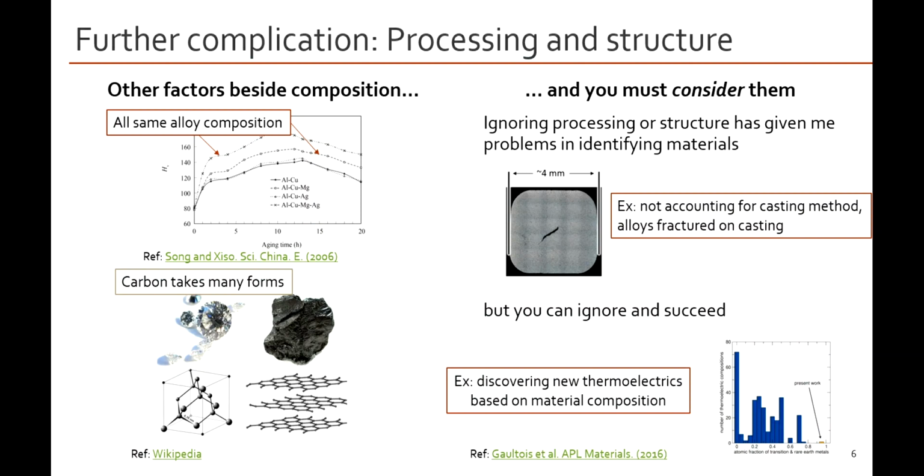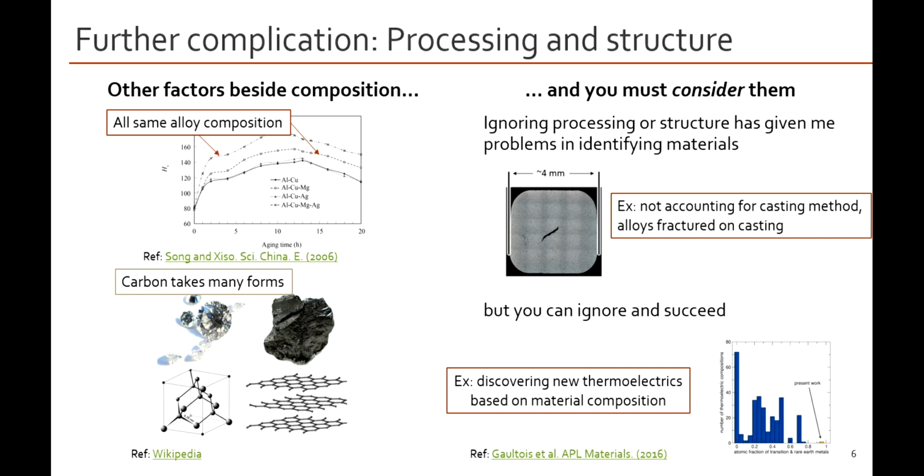Because we didn't account for that difference between injection molding and copper casting, we ended up with materials that cracked as we were solidifying them, which was the exact behavior we were looking to avoid.